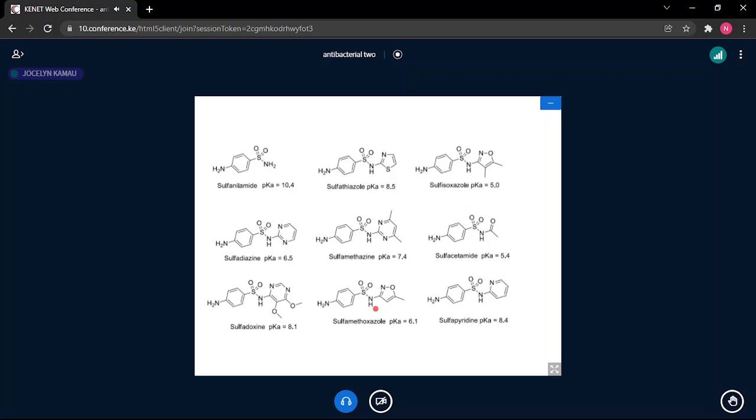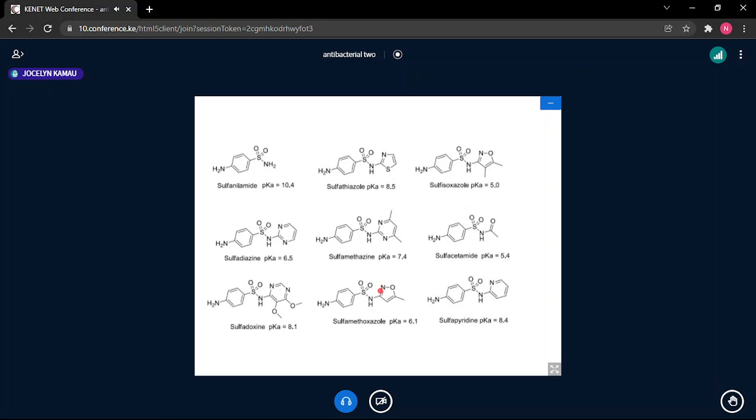Sulfamethoxazole, so this is the sulfamethoxazole as we had seen it. Now, as I said, we have to reverse it, oxygen, nitrogen there. You can see again the nitrogen and oxygen very, very close.